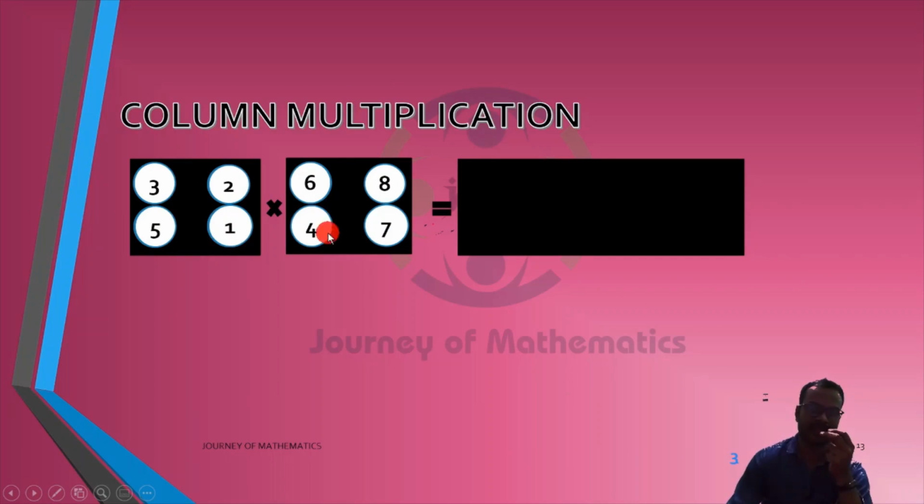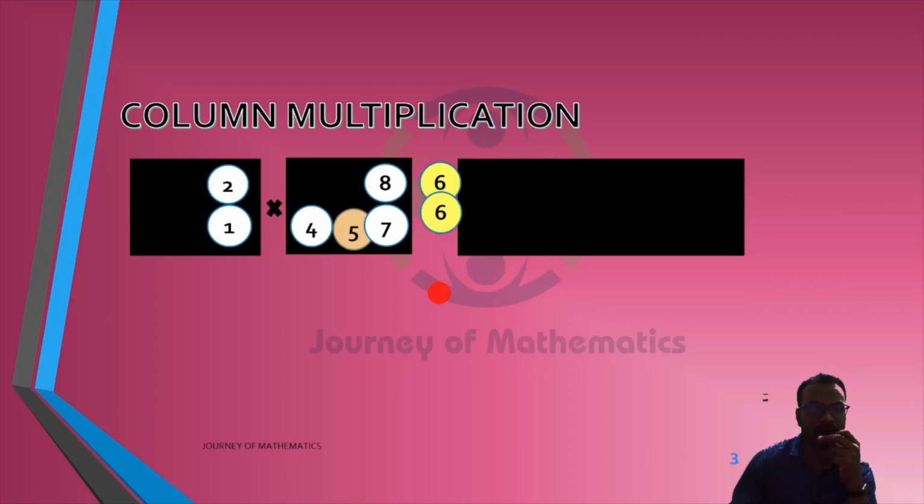The first one is matrix A and the second one is matrix B. Now let us apply column multiplication for these two matrices. The strategy is, like in row multiplication, I take the first column in the first matrix and multiply it with the first element in the first column of the second matrix. Let us see how I will multiply.